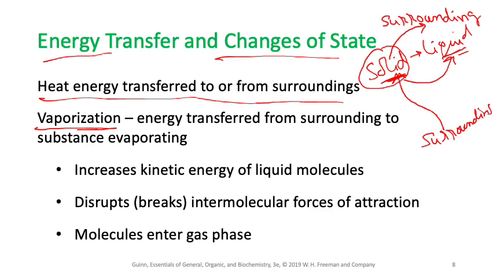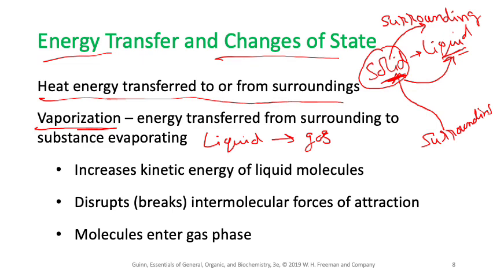So we can write over here, liquid state goes to a gas state. So what happens during this? The atoms in the liquid form have strong intermolecular forces. The atoms are very close to each other, but in the gas phase they are very far apart.